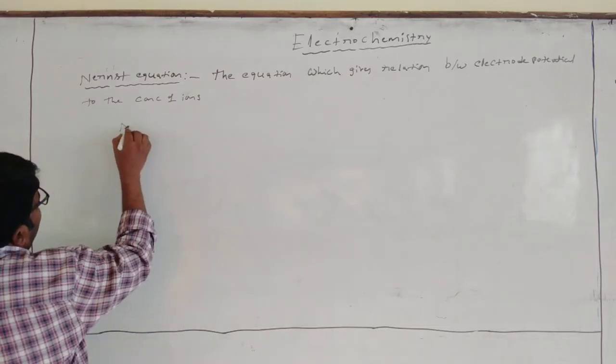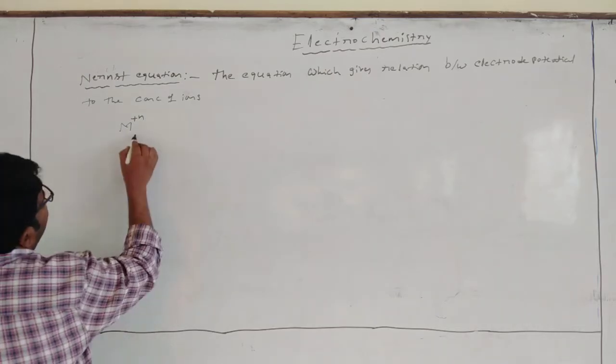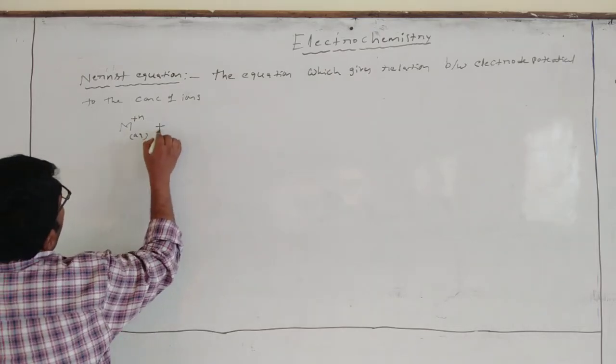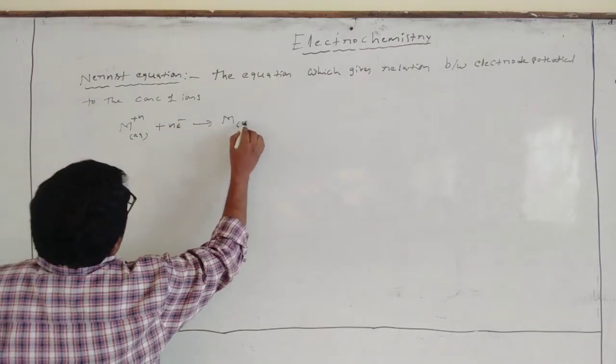If we take M plus n ion in aqueous form, gaining n electrons, it is converted into M in solid state.